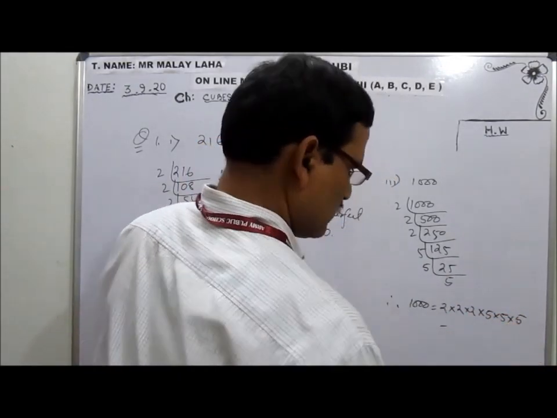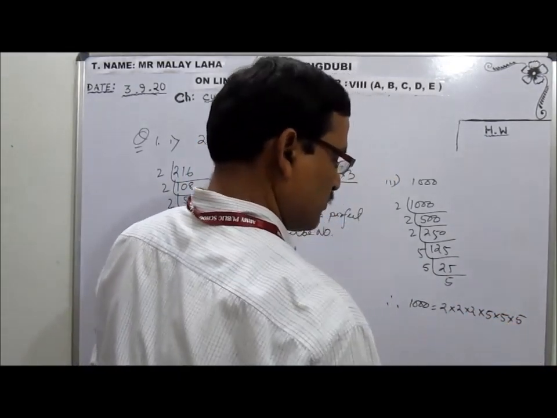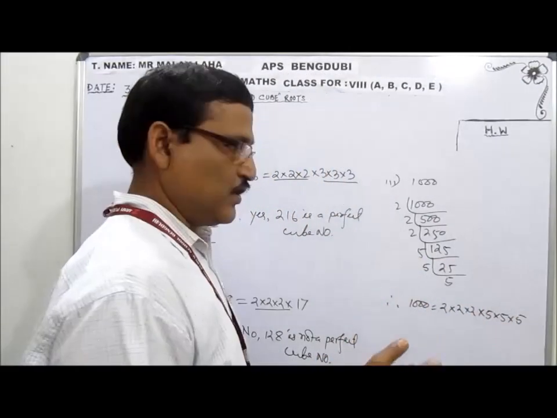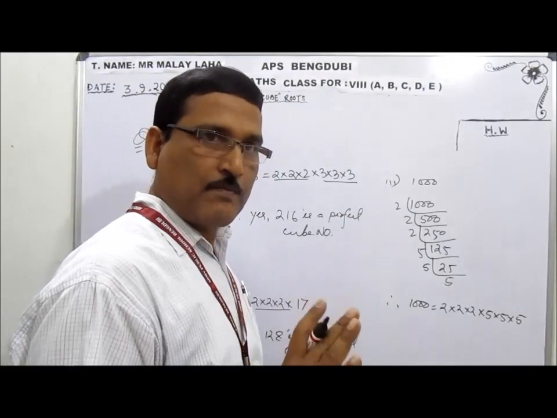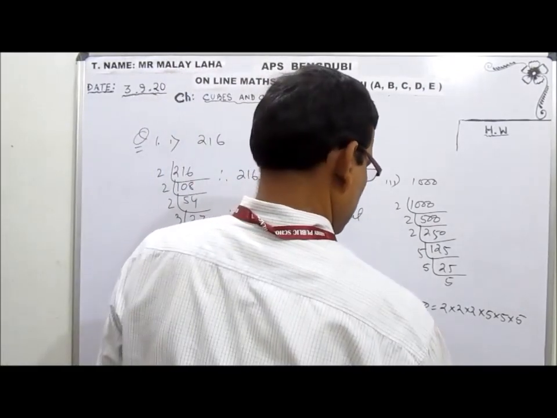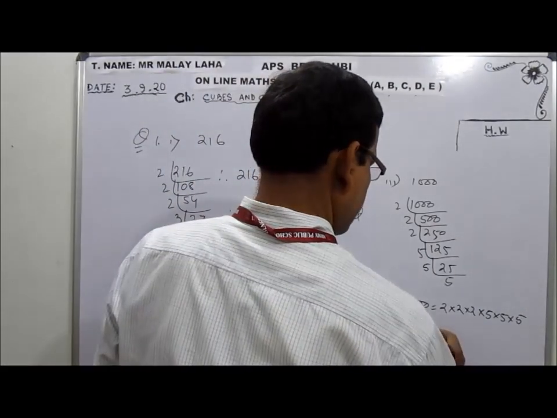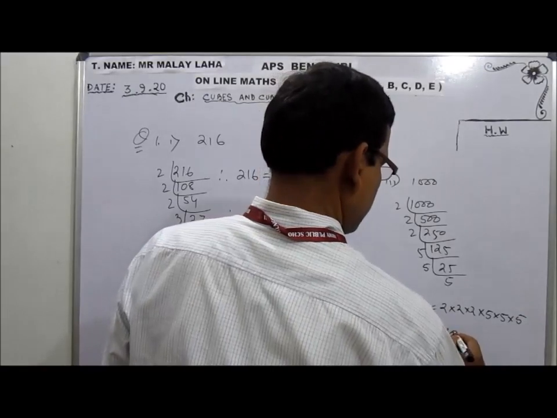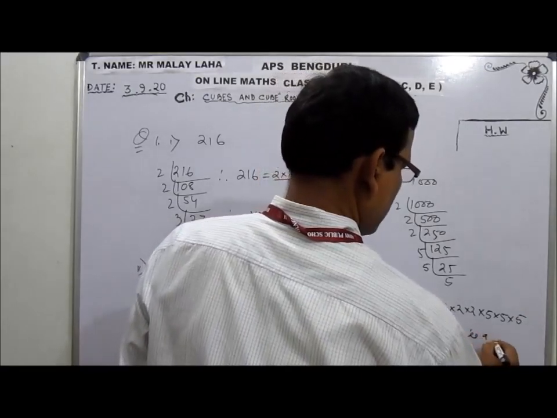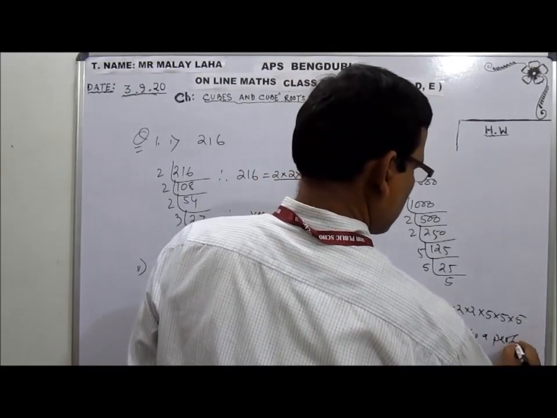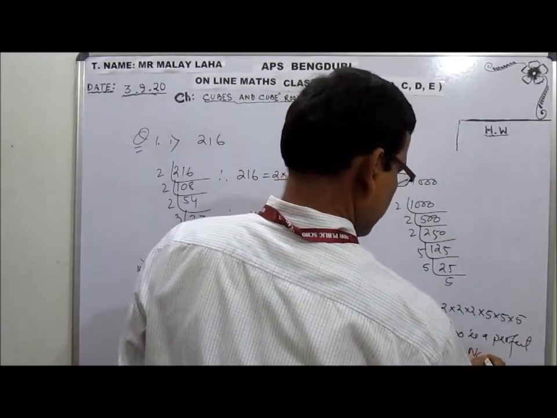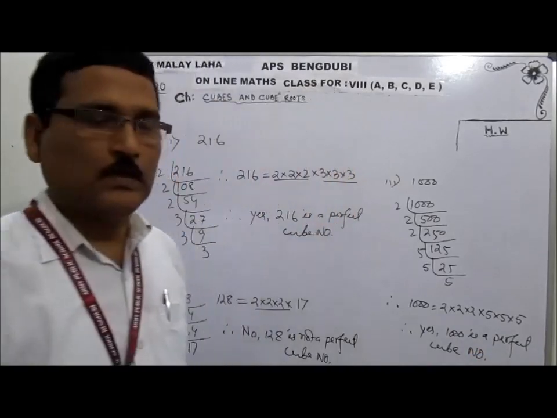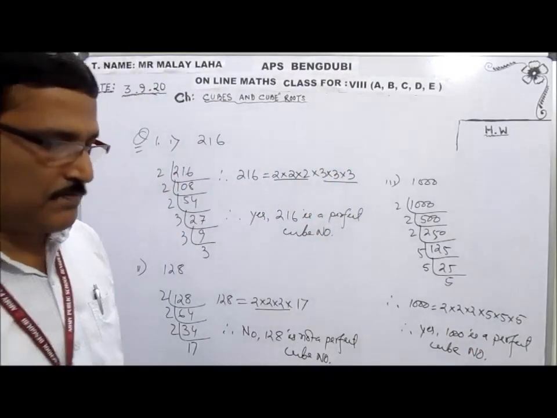Okay. What is the cube root? That is not a question. You have to test whether it is a perfect cube number or not. So therefore, yes, 1000 is a perfect cube number.